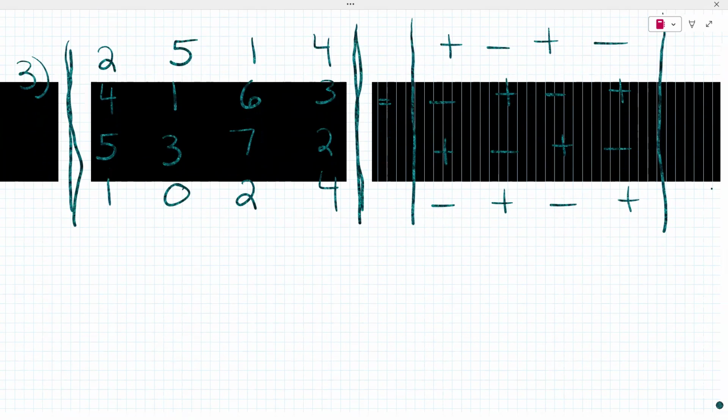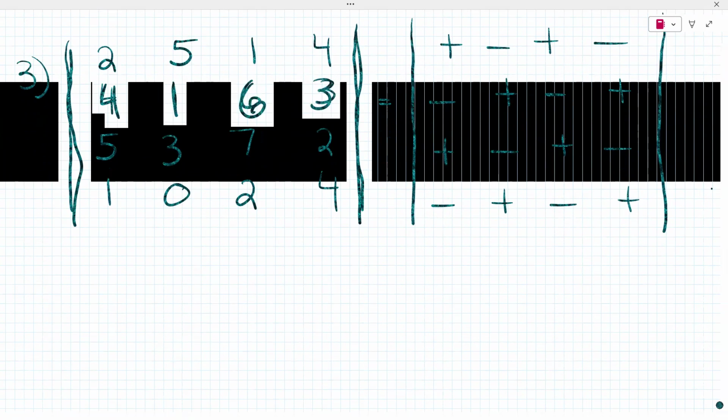We have 2, 5, 1, 4. This is a 4, a 1, a 6, a 3, a 1, 0, 2, 4. And then I put the sign for the cofactor. So this is positive, minus, positive, minus, minus, positive, minus, positive, positive, minus, etc.